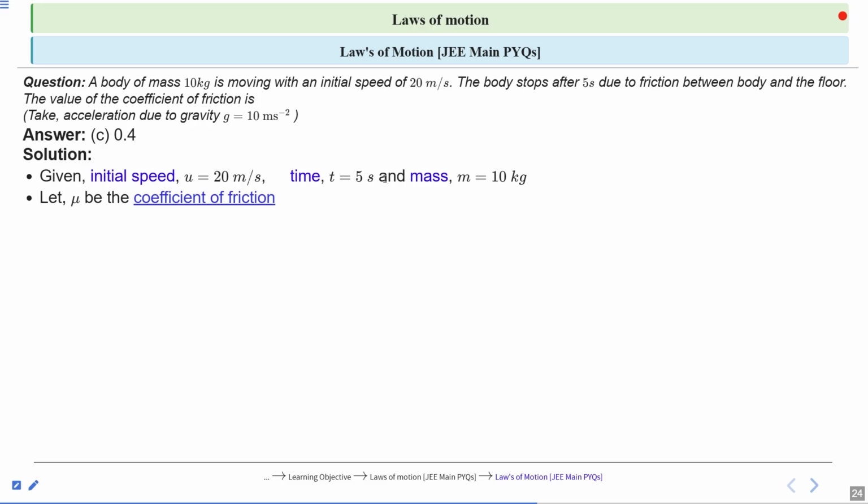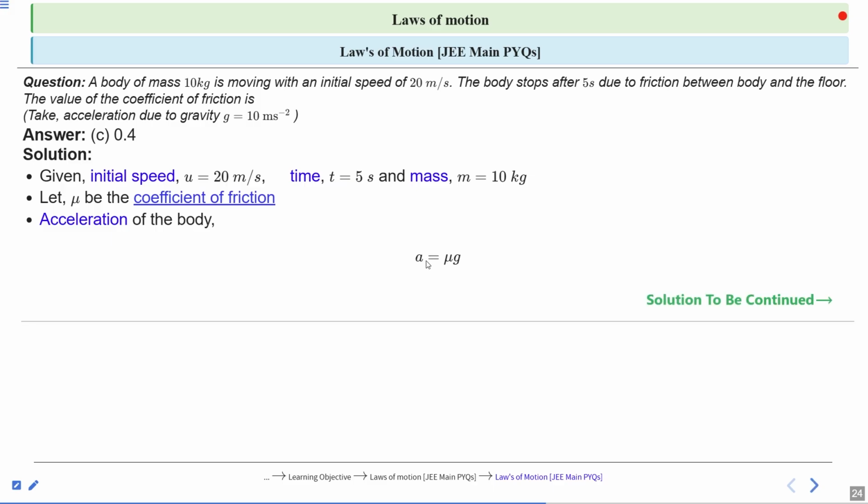Here let mu be the coefficient of friction. So the acceleration of the body, we know the formula, is a is equal to mu g. If we talk about the coefficient of friction, in that case the acceleration of the body is this one. So remember this formula.